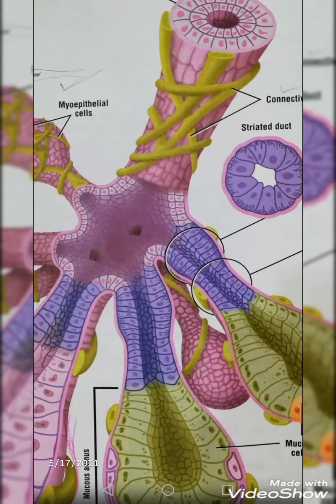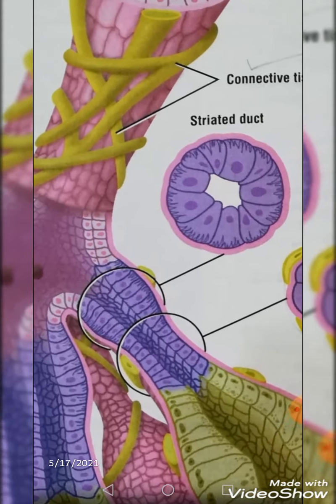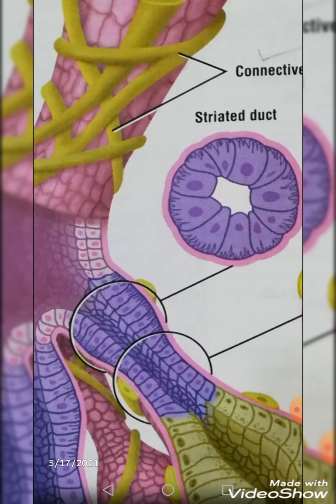So the striated duct, as you can see in the transverse section, has a larger caliber. The epithelium is simple columnar.